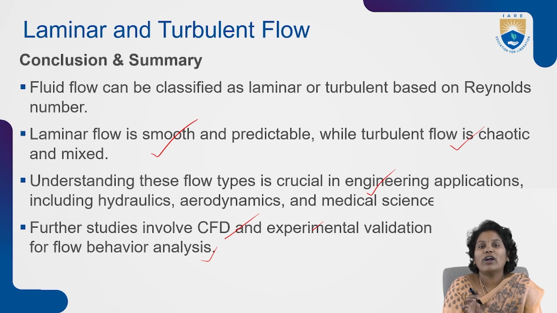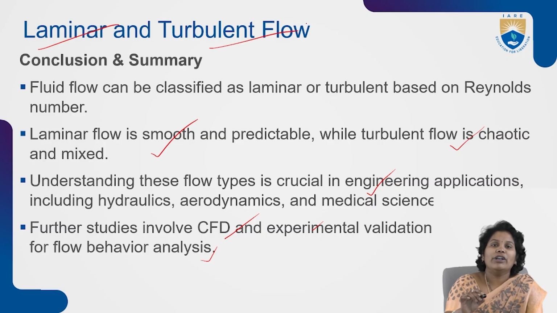The velocity profile for laminar flow is parabolic, and for turbulent flows it is a uniformly distributed, flattened profile. These are all the differentiations of laminar and turbulent flows.